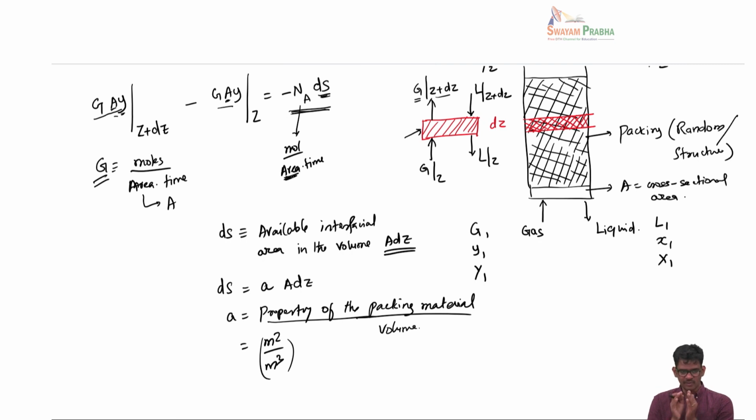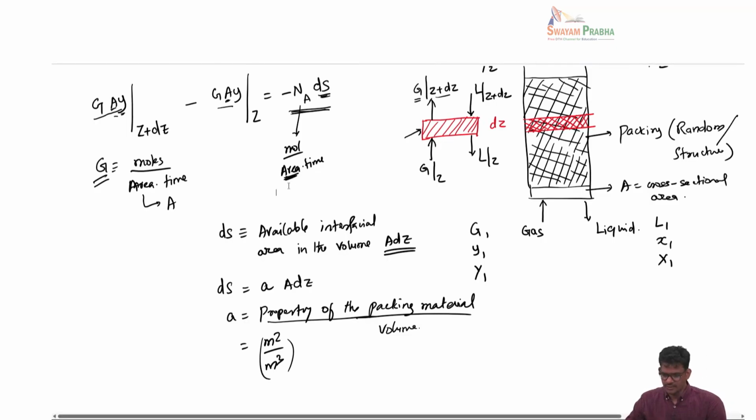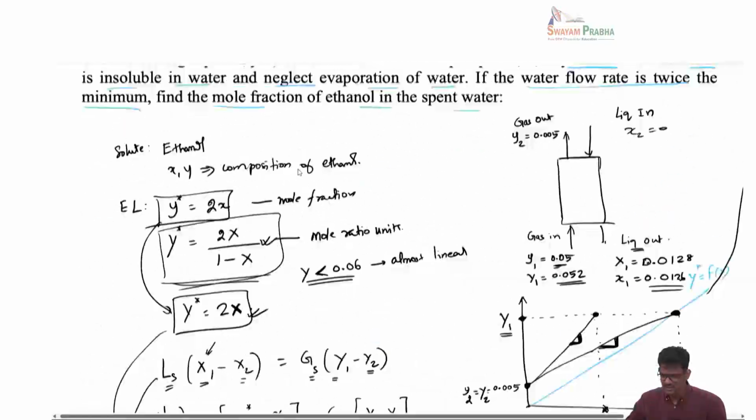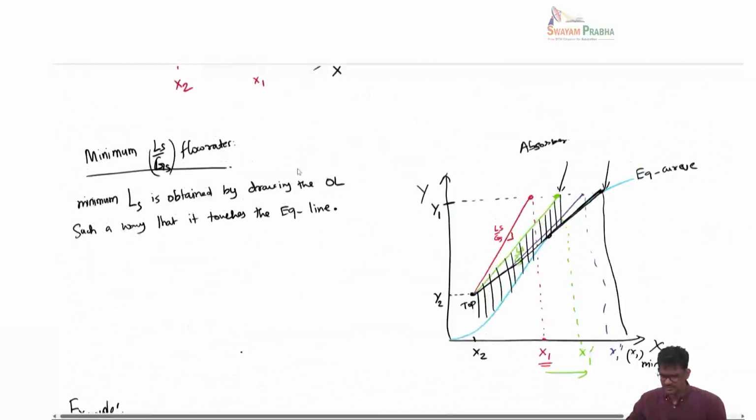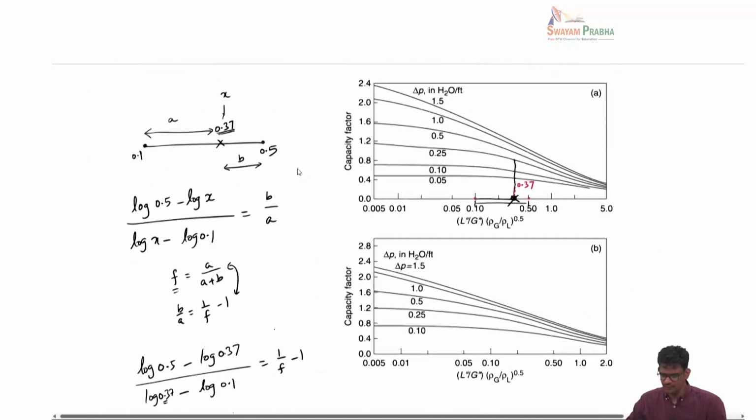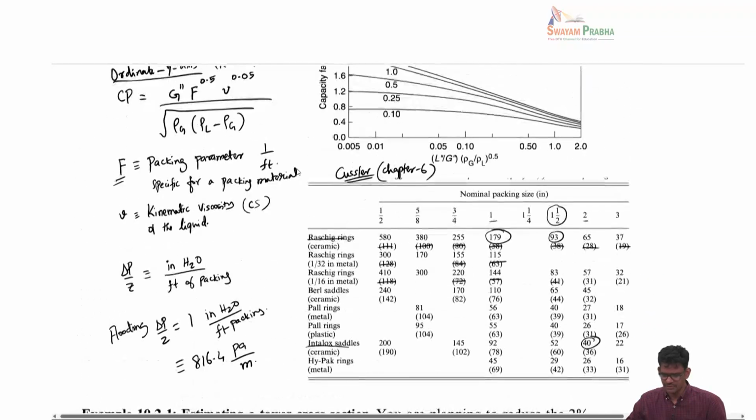Now, to calculate this interfacial area, we have to recognize that it is a very strong function of the packing material. Just like in the calculation of pressure drop, we define a flow parameter F for different packing. Similarly, in the same table, if you see, the interfacial area is also given. If I go back to one of these previous classes, which I asked you to ignore before, now I am going to ask you to pay attention to.